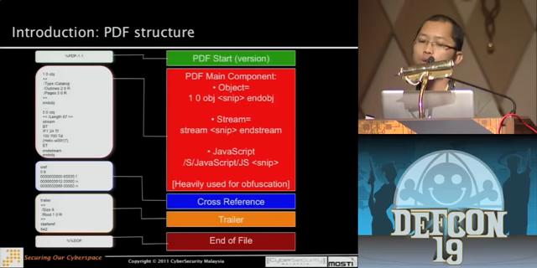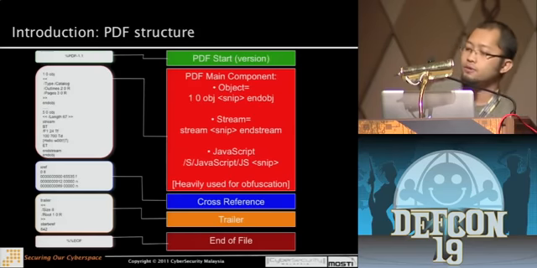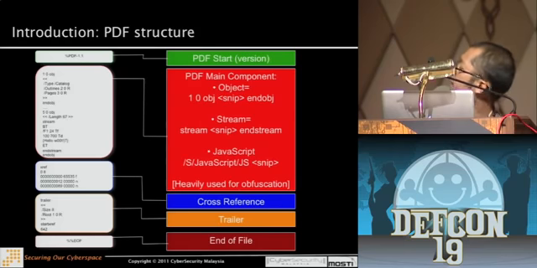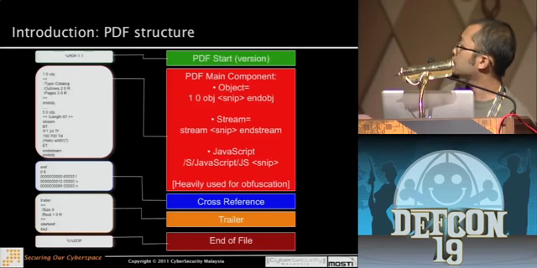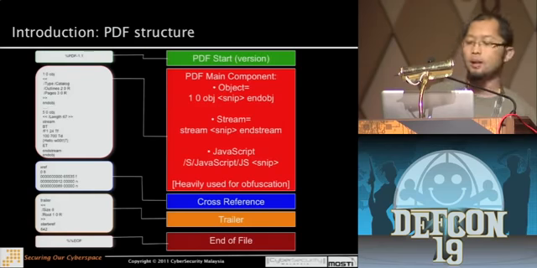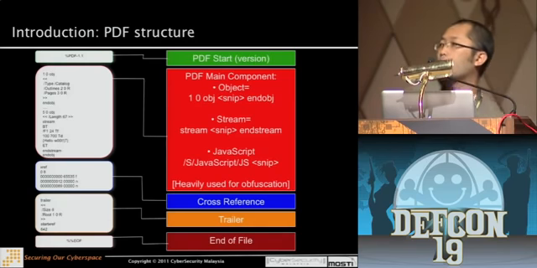Okay. The first one, you see in the green color box, is the PDF version. On the PDF version, normally you have something like percent PDF and then the version number.